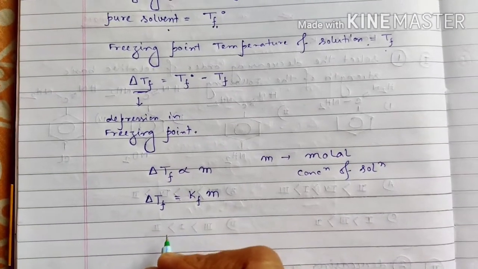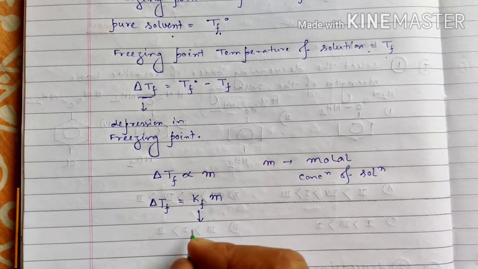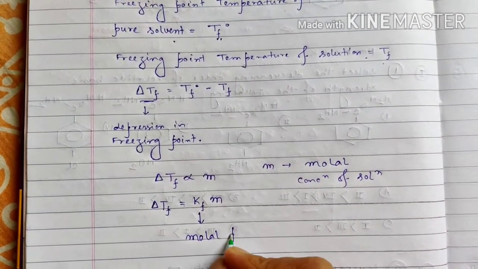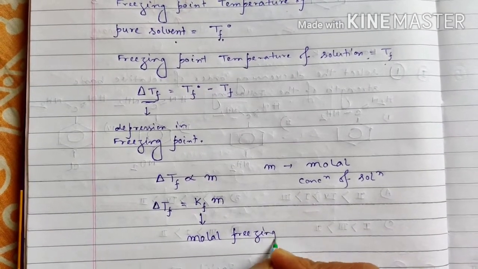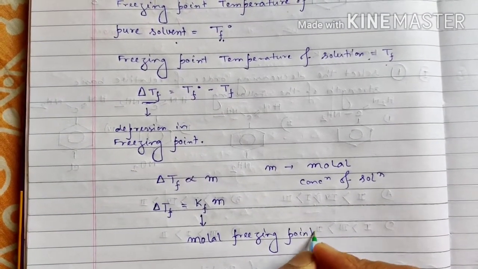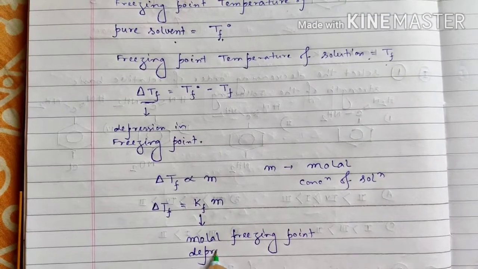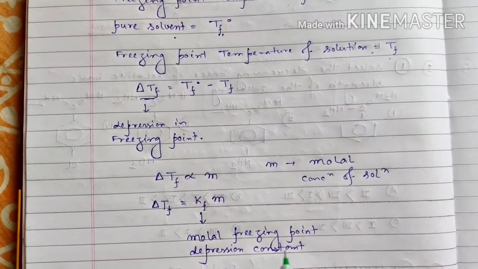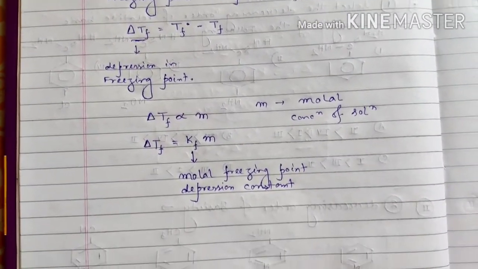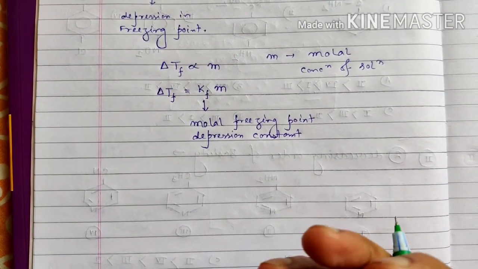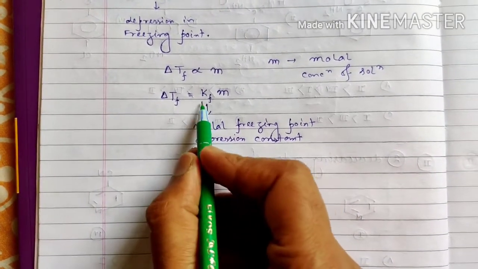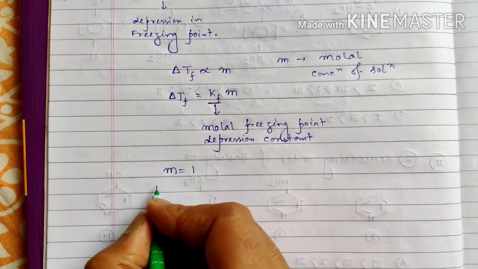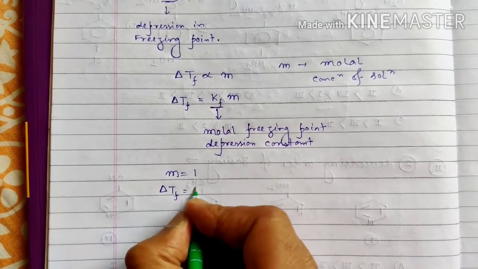It is very similar to the elevation in boiling point. Kf, we should say, is the molal freezing point depression constant. So if we want to define it mathematically, Kf, if we take m is equal to 1, then obviously delta Tf will be equal to Kf.